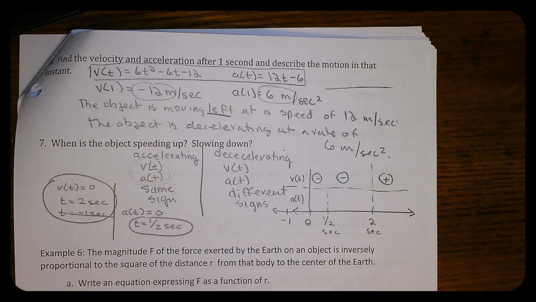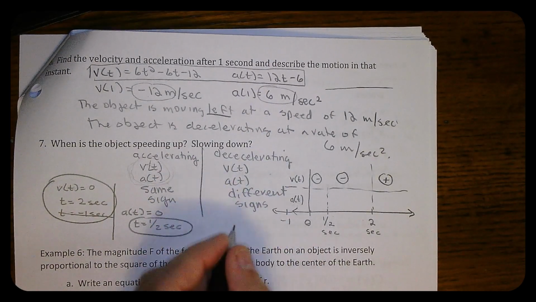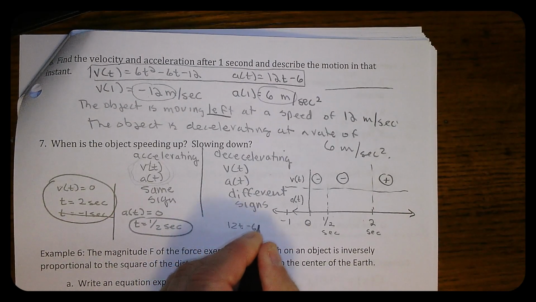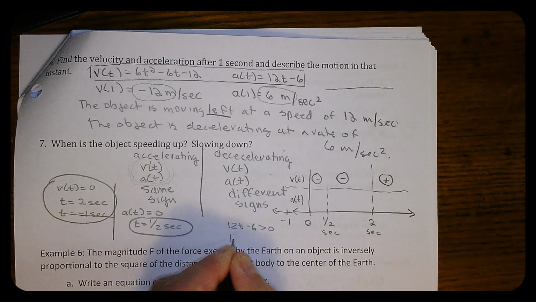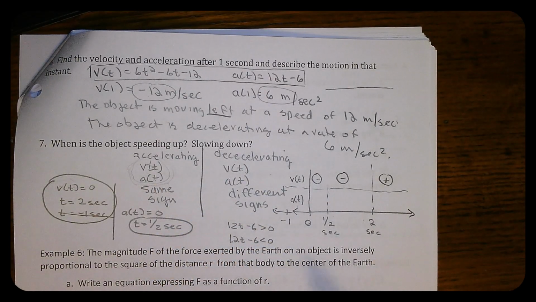And then from the other page, what we're doing is we're saying for acceleration, where is 12t minus 6 greater than 0, and where is 12t minus 6 less than 0? It equals 0 at 1/2.